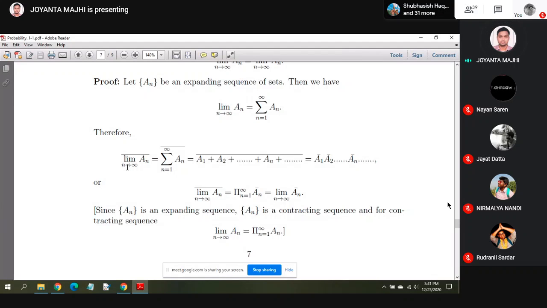Therefore, from the definition of a contracting sequence, we know that the limit as n tends to infinity of a_n complement, this is also a mistake, is equal to the intersection of a_i complement, i goes from 1 to infinity. This is why the complement of the limit of a_n is equal to the limit of a_n complement.